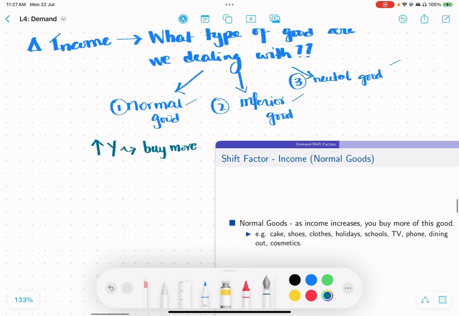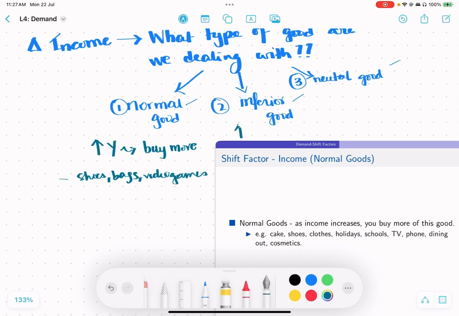So this is, let's say, shoes or bags or video games. Your income goes up, you've got more money in your wallet, you end up spending more money on these sorts of goods.